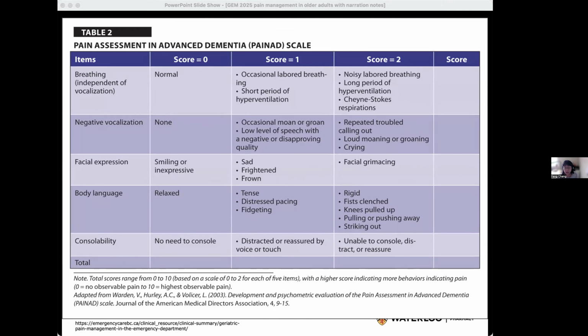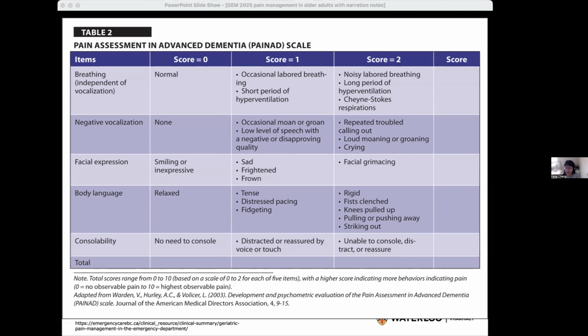So the higher the score, obviously, the more problematic the pain is. So one thing to note is that some of these behaviors can also be found in agitated delirium, not just in pain. And some agitated delirium can be caused by uncontrolled pain, right? So there's a lot of crossover, and sometimes it's really hard to decipher which is which, but you want to just be mindful of that.